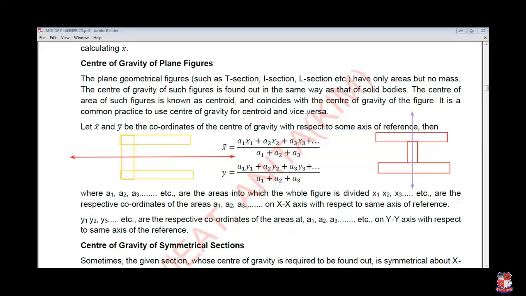If I am cutting this object from the vertical axis, this is the y axis, and the object is symmetrical over the y axis, then you are directly getting your x bar. If you are cutting this object from here also, you are getting the same part both ways. So this object is symmetrical about the x-axis as well as the y axis. So you do not have to follow all this procedure. You are directly getting your x bar and y bar. Clear?